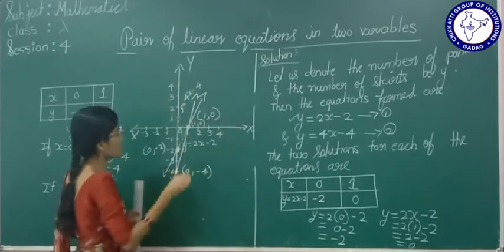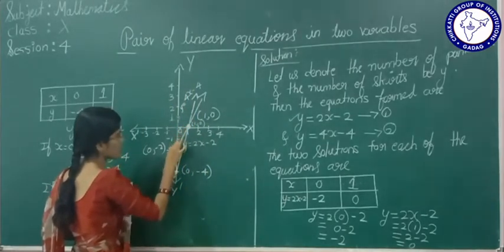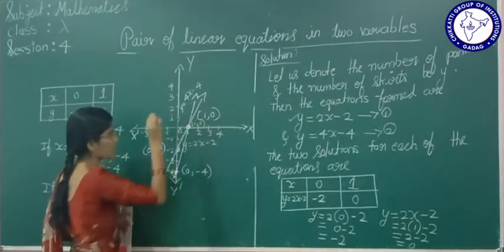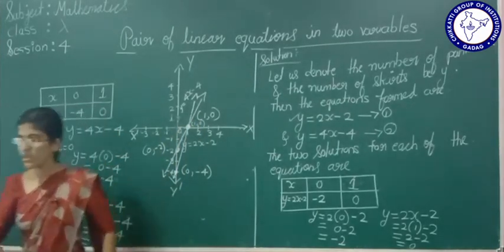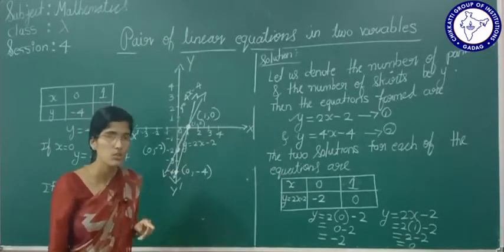Now see here, these two lines are intersecting at a point. What can we tell? When two lines intersect, we have a unique solution.